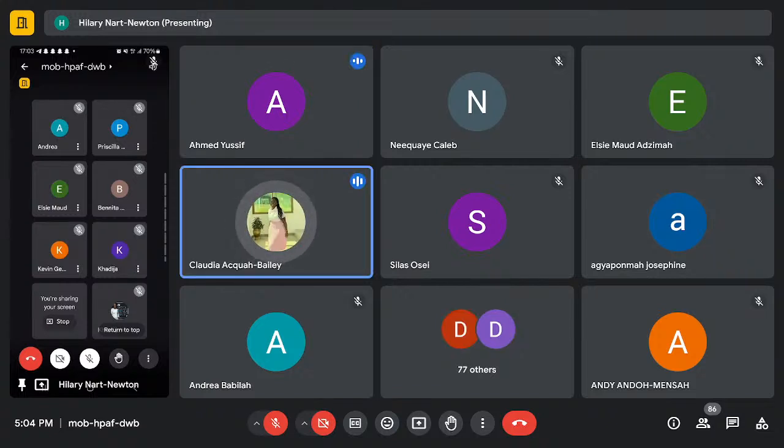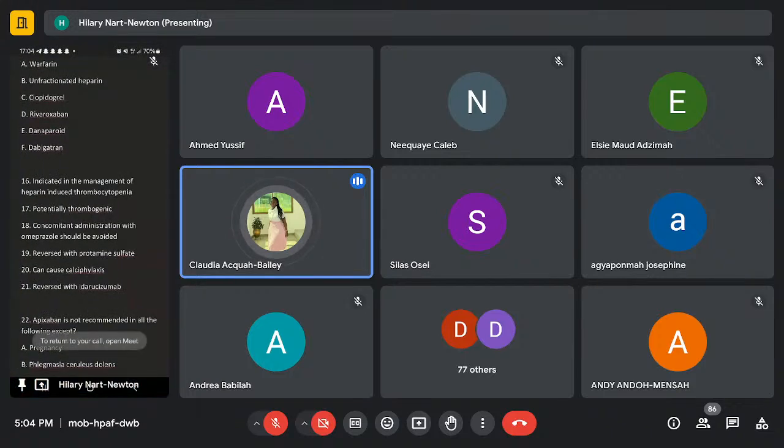So clopidogrel is a prodrug which needs to be metabolized into its active form for it to exert its antiplatelet activity. So when omeprazole inhibits the enzyme, it will not be activated, so the antiplatelet activity will be reduced.